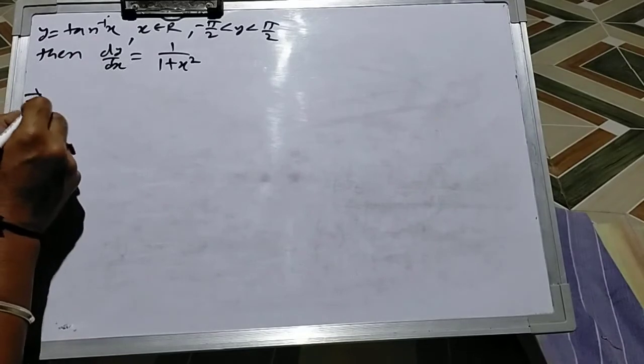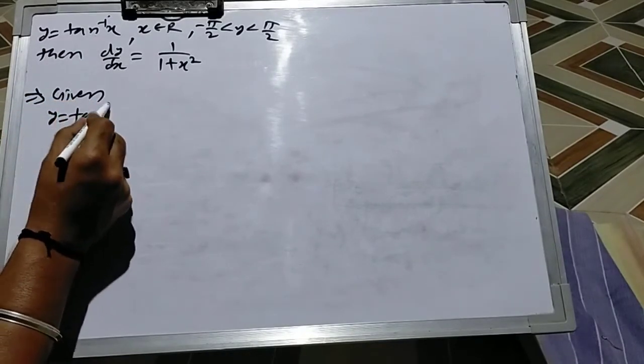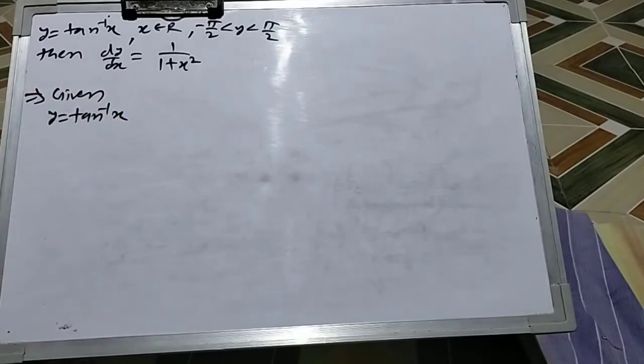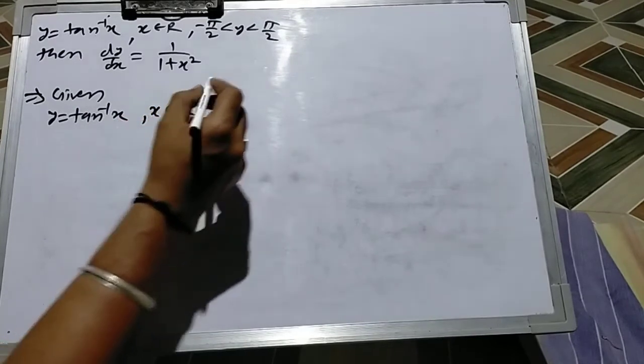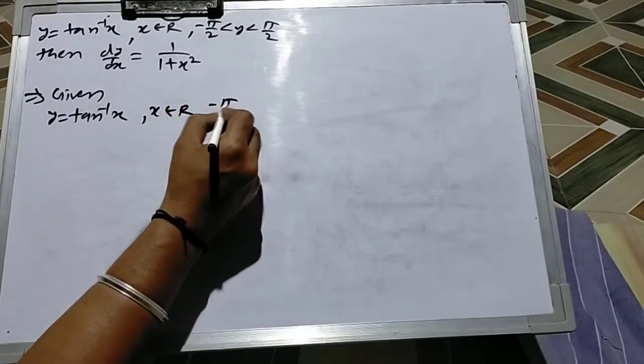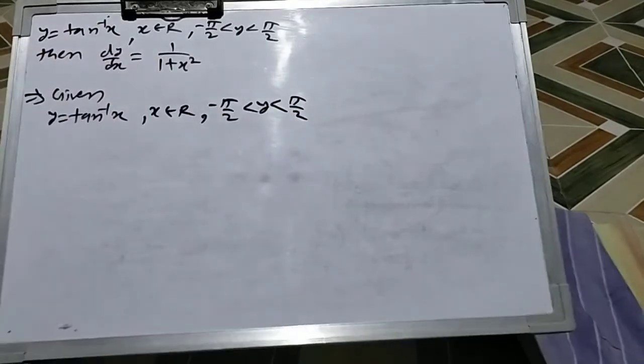So again here, given y is equal to tan inverse of x, here x belongs to the set of real numbers, minus pi by 2 is less than y is less than pi by 2.